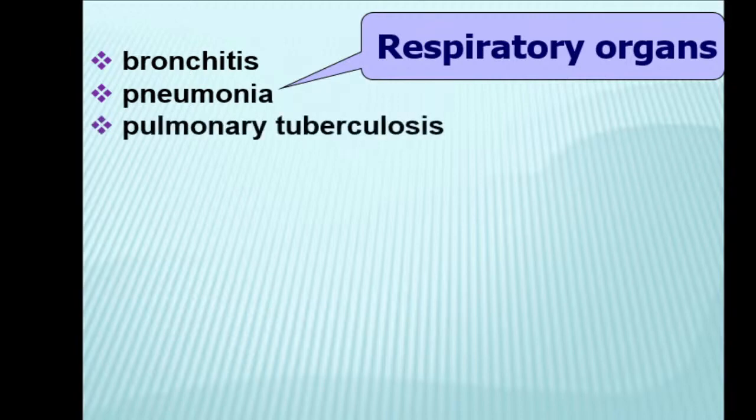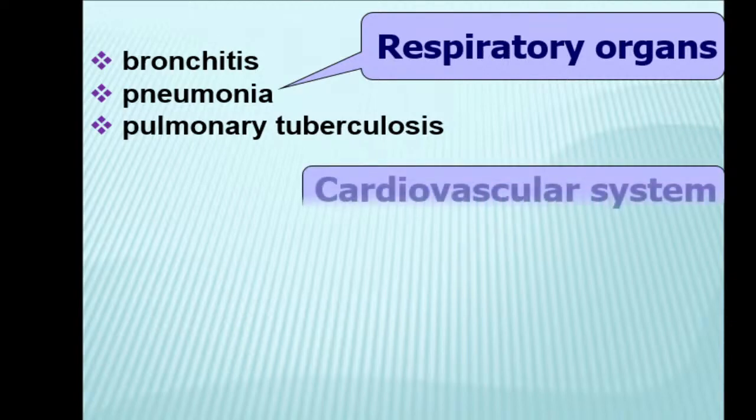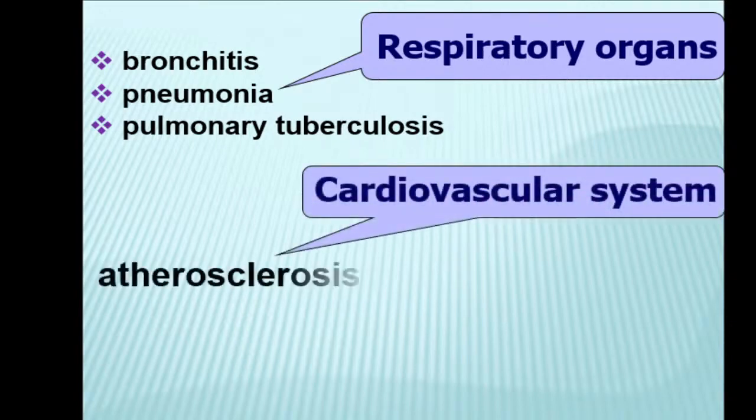affection of other organs, the respiratory system is involved in the pathological process due to decreased immune response and formation of chronic inflammatory foci. I said to you about tuberculosis, pneumonia, chronic bronchitis.